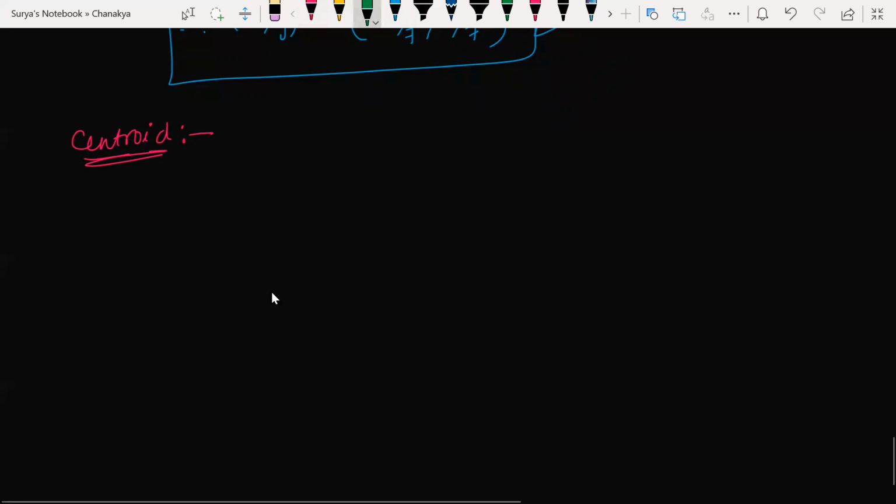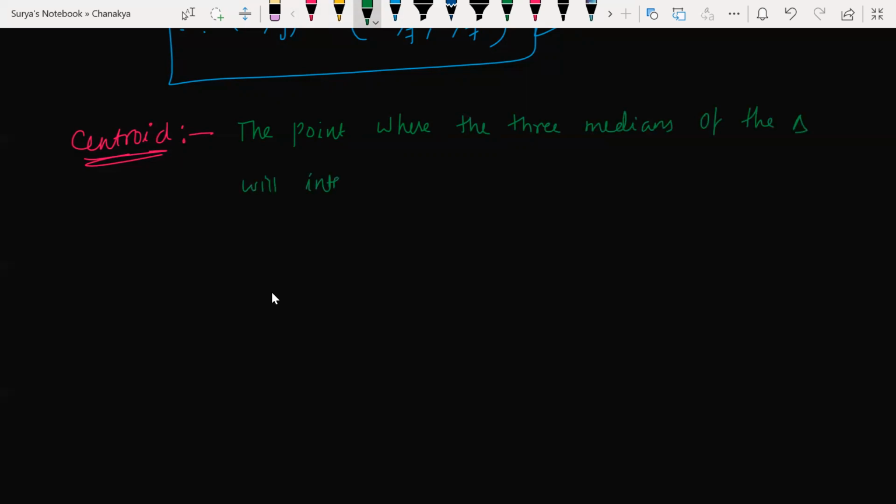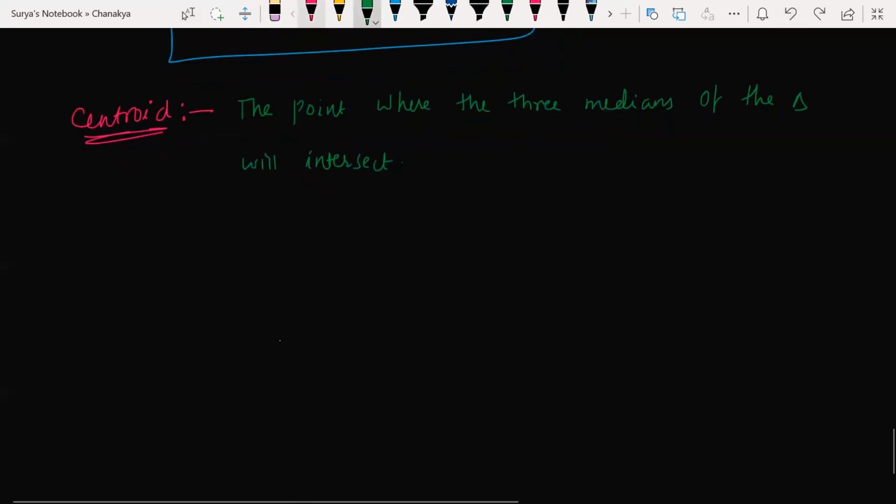So basically, the centroid is the point where the three medians of the triangle will intersect. So in a right angle triangle, how will the centroid be? Let's talk about that.